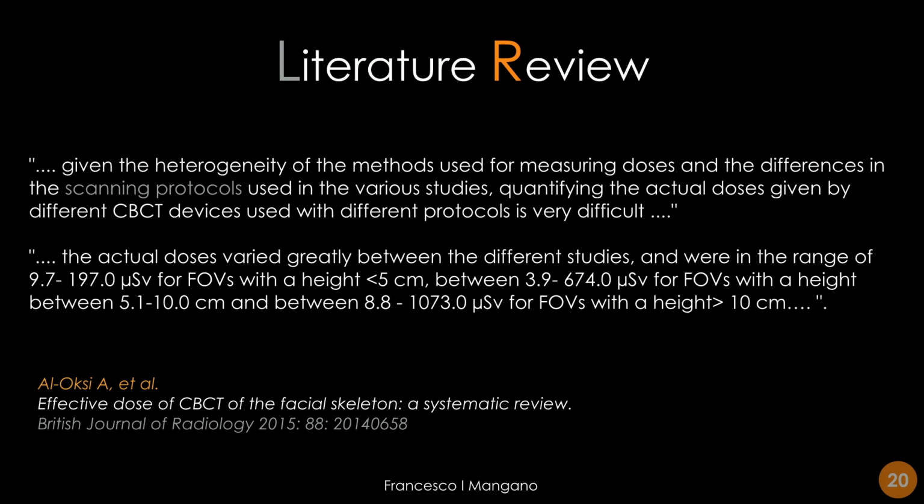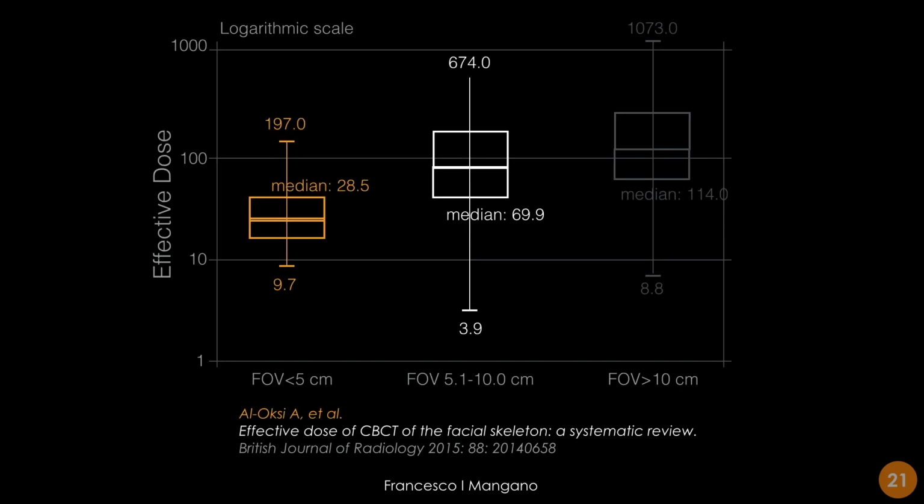And this literature review summarized all these aspects, and the authors in this case shed light on the fact that obviously there are big variations among the different machines, and there are different protocols available with the different machines, and of course it's not surprising that we can have big ranges for the doses given by the different cone-beam computed tomographies depending on the application, as we can see here from these graphs, and also depending on the field of view, because the field of view is very important.